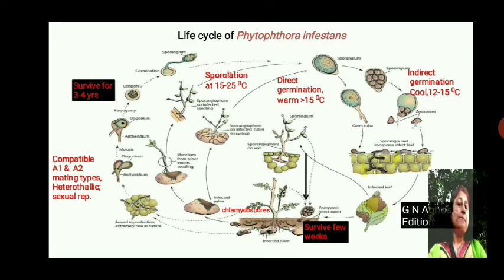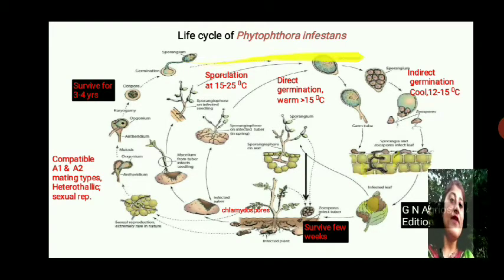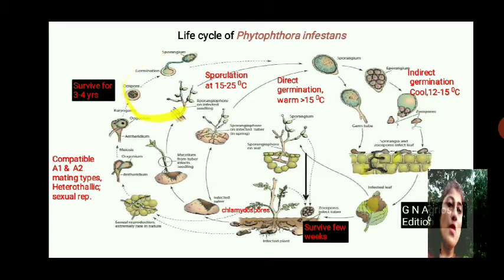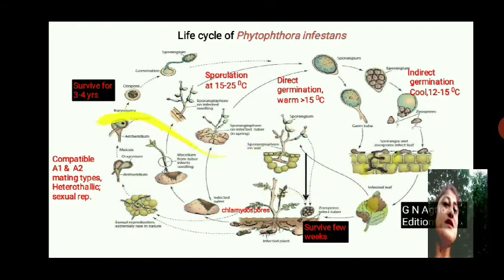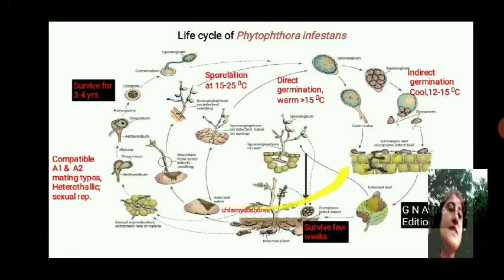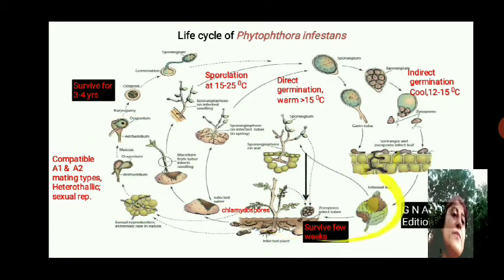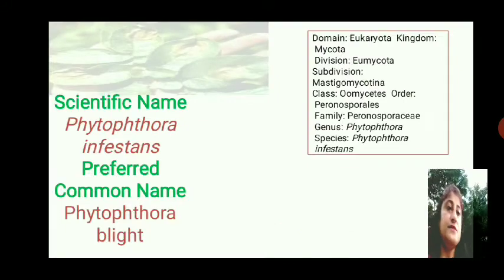So now let's see the life cycle of Phytophthora, how it thrives in the soil and how it encourages the disease spread and causes the disease cycle to move, and how it spreads from one field to another, and how it asserts an epidemic state when it affects a particular field in the locality.